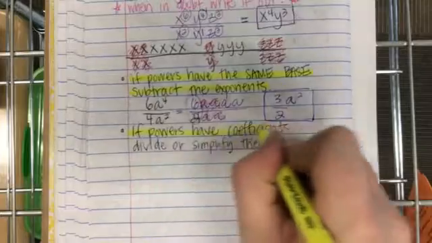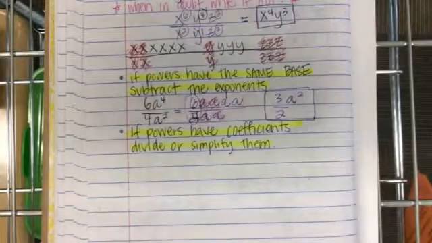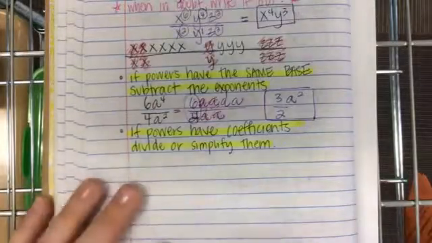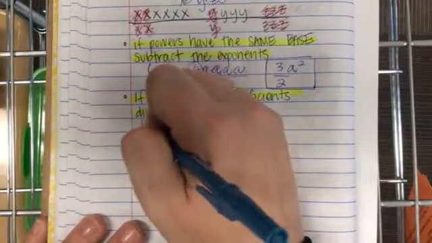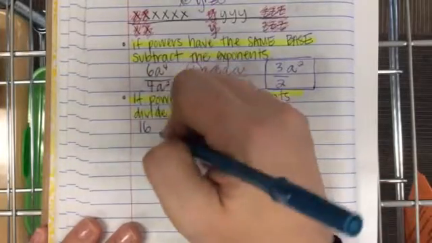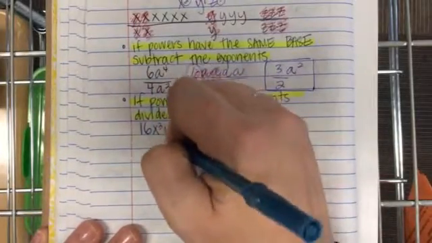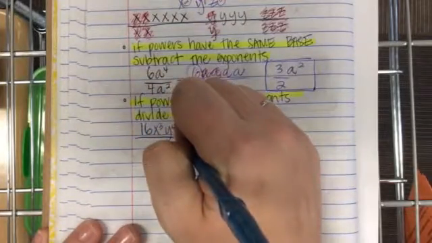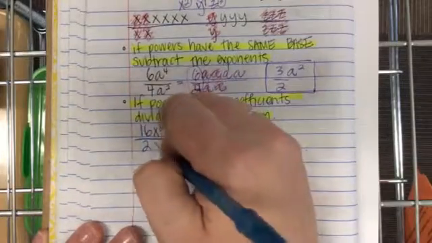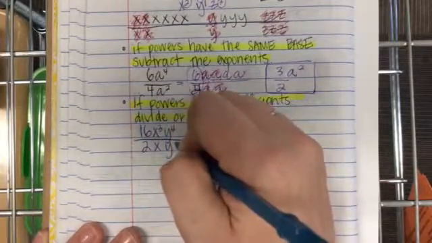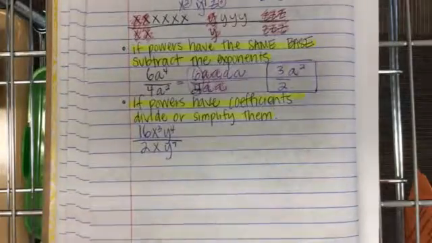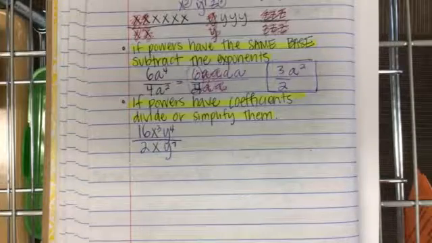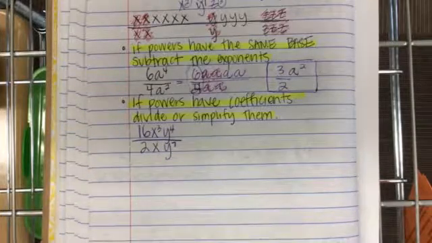So now let's talk about this. What if I had 16 x to the third y to the fourth over 2 x y to the seventh? Now again, because this is kind of new, and these are our notes, when in doubt, write it out.